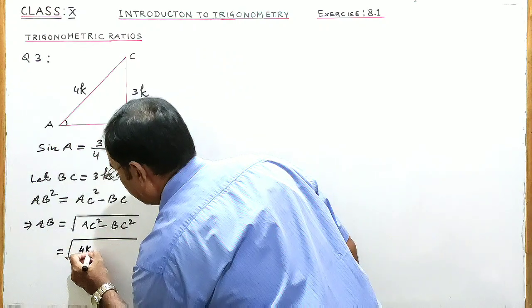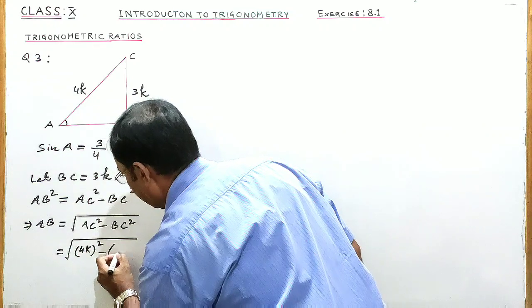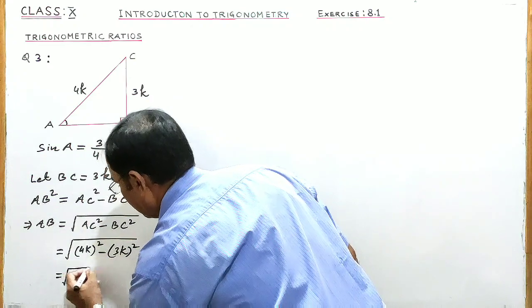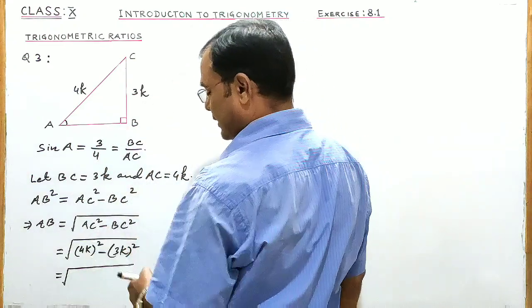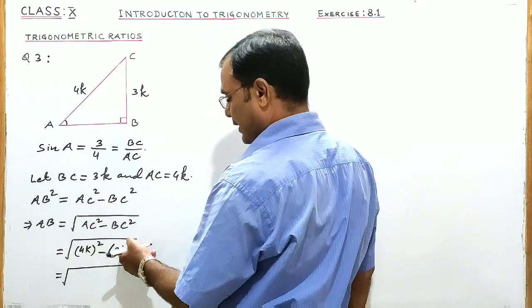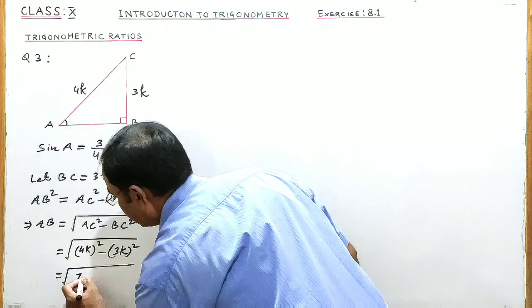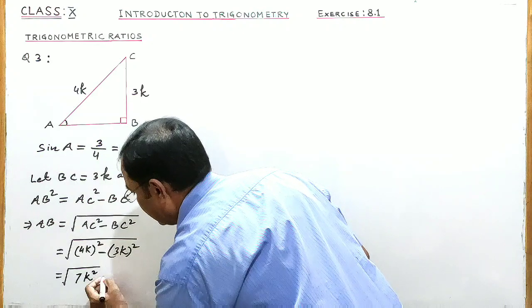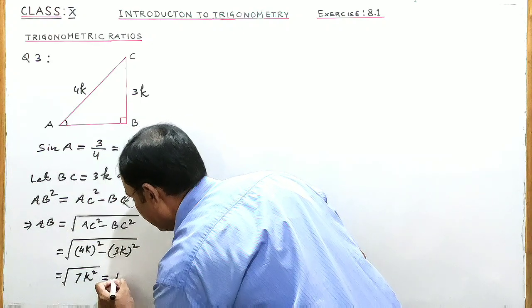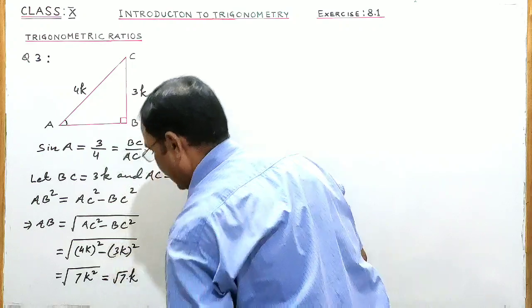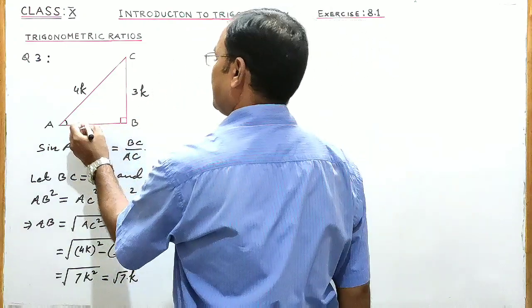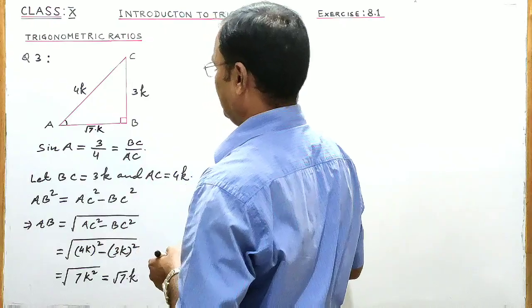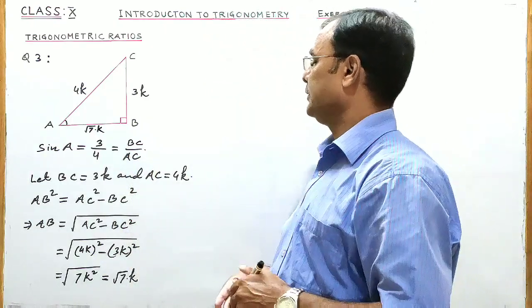So under root 4K whole square minus 3K whole square, which is equal to under root 16K square minus 9K square, equal to under root 7K square, and this can be written as under root 7 into K. So AB is equal to under root 7 into K, where K is constant of proportionality.